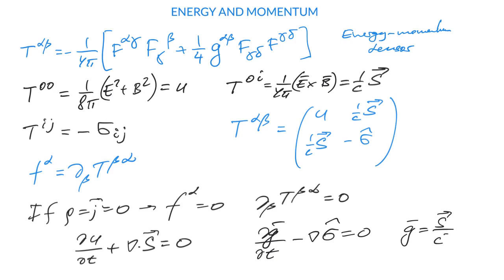That's 1 over c² S. That gives the momentum density of the electromagnetic field. We have seen these equations before when we considered energy conservation and momentum conservation separately. If we set the particle energy and particle momentum to 0, you'll get these expressions.